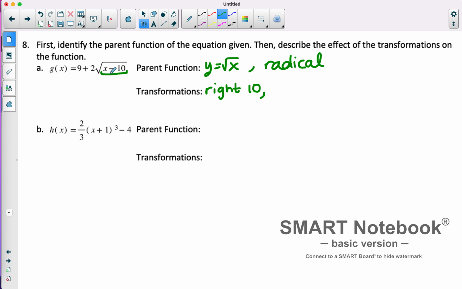But we also have this times 2. The actual parent function, square root of x, is being multiplied by 2. The outputs are being multiplied, which makes the y values a vertical stretch by a factor of 2.